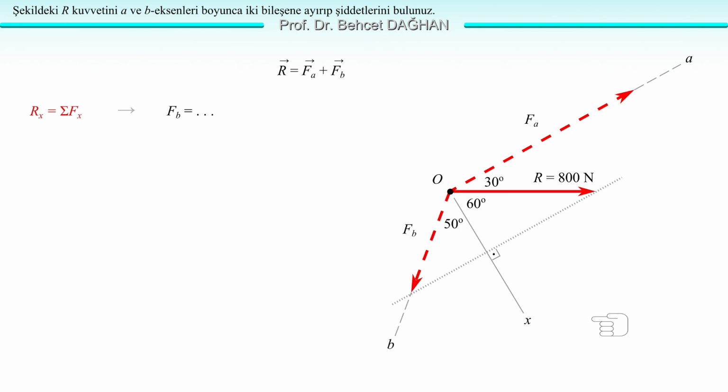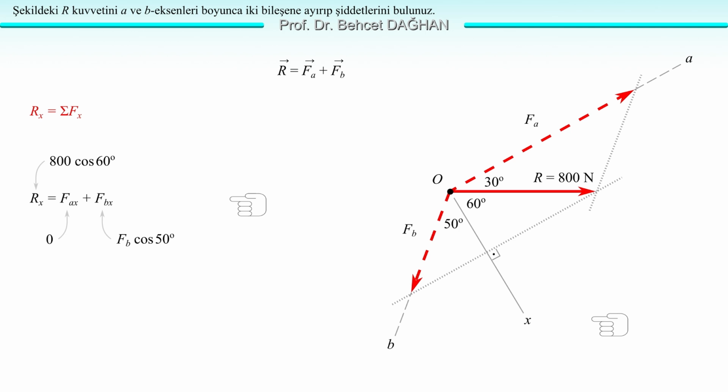What remains is 50 degrees if we subtract 60 from 110. The angle on the left below, the angle between Fb and the x-axis, is also 50 degrees. We see that these are true. Yes. Let's write the relation Rx equals sigma Fx according to this choice.